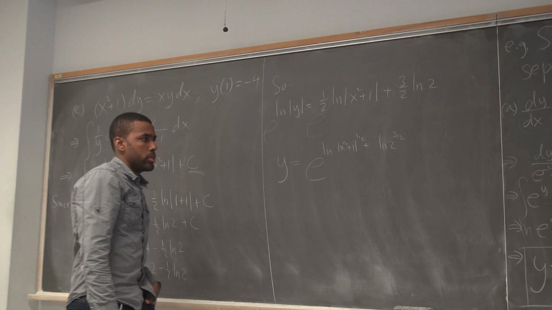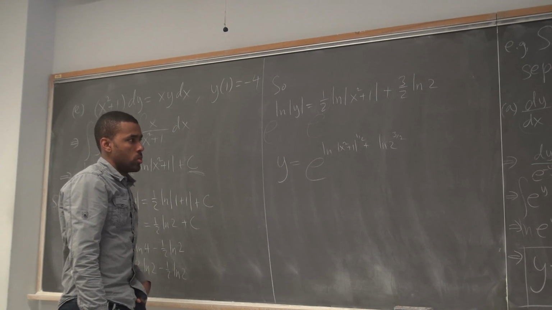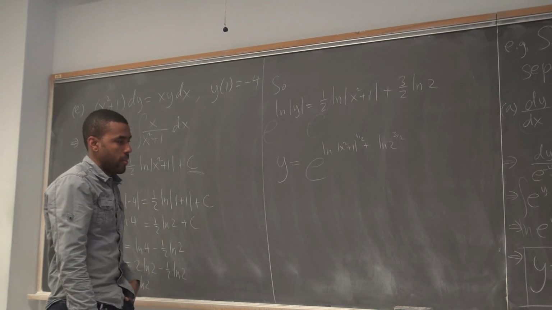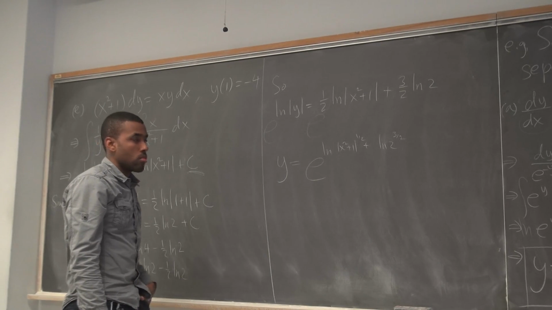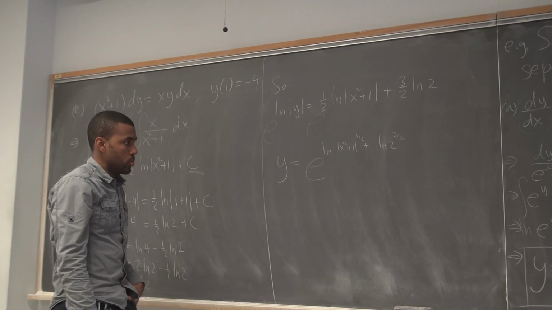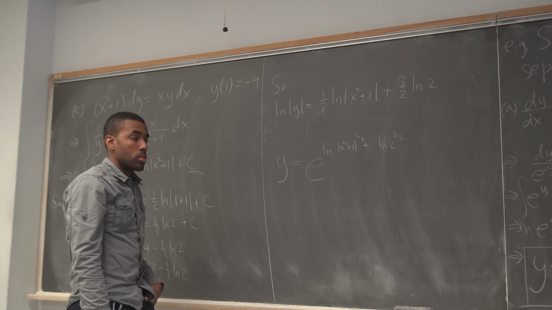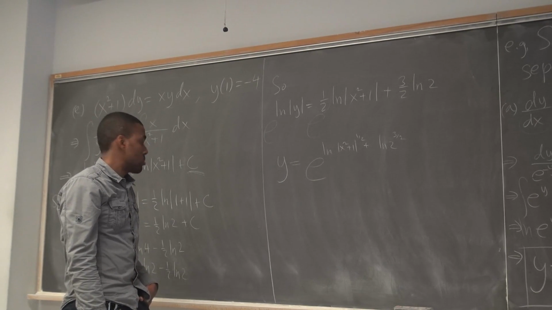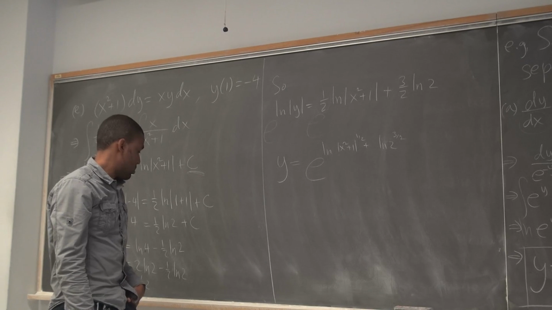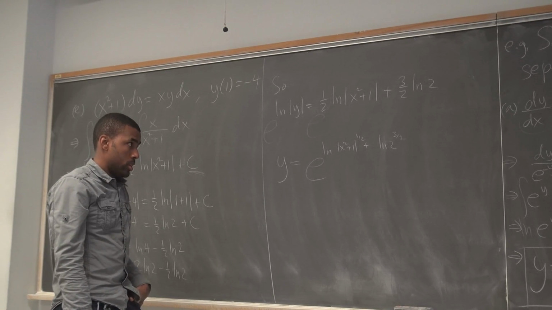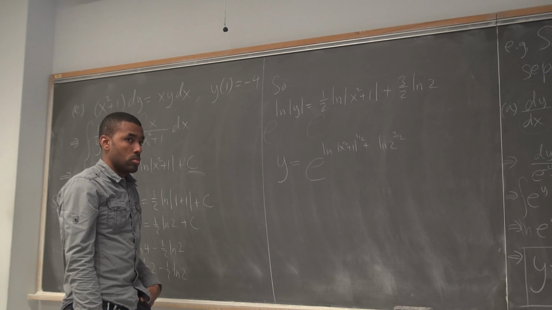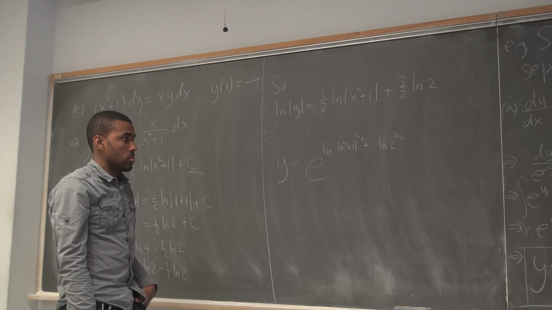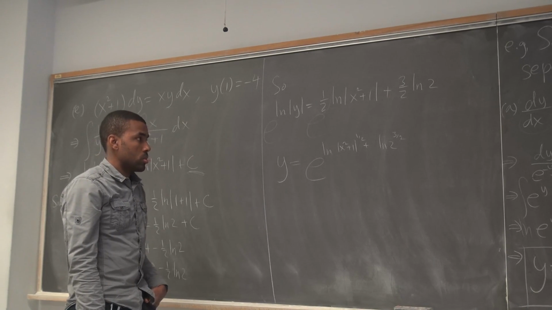No, not necessarily. We can simplify more, we're in the process of simplifying. What can I do here? There are a couple ways you can proceed. Separate them, right? Separate how? e to the ln of x squared plus 1 times e to the ln 2.